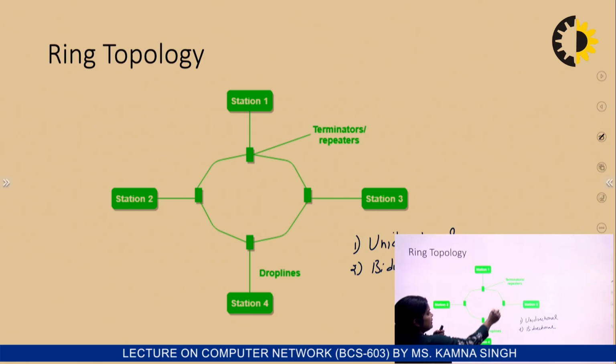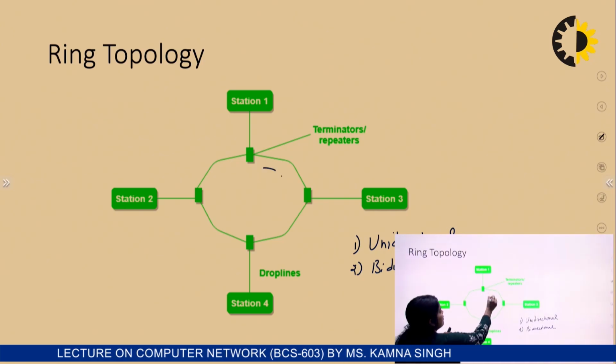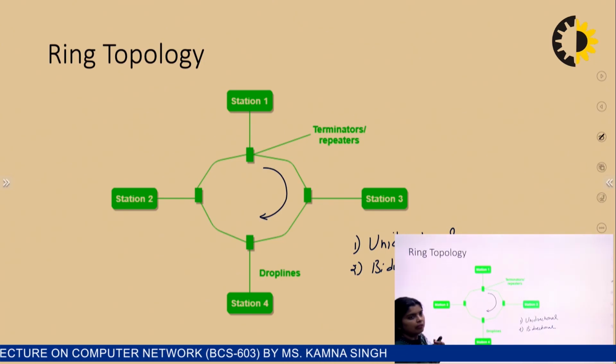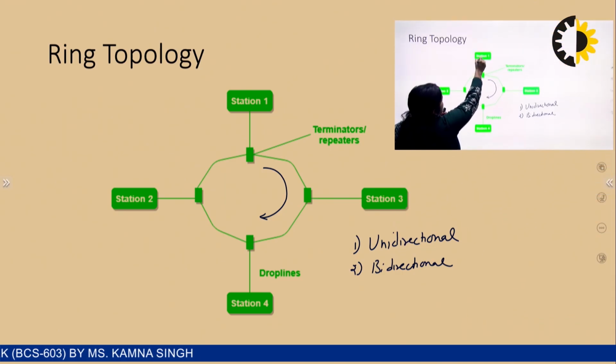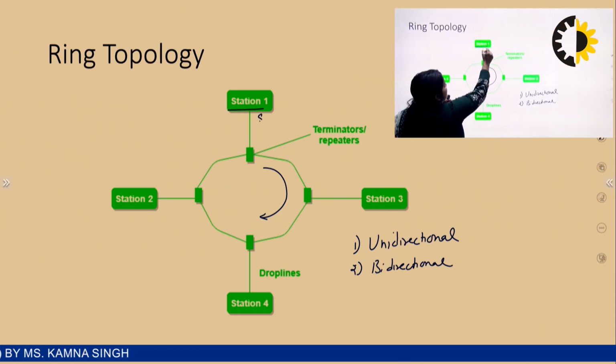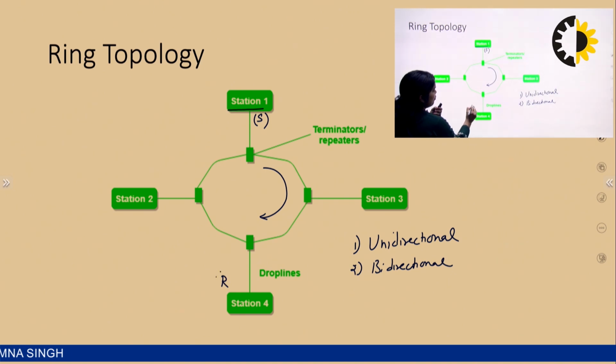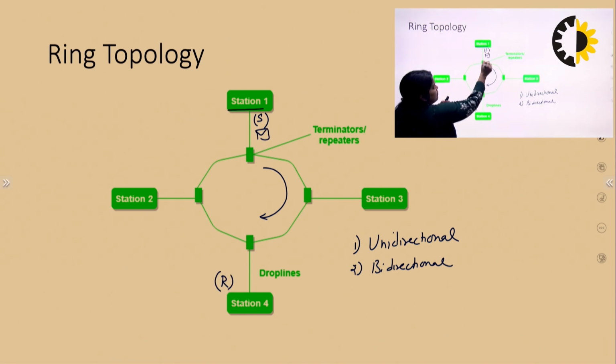First, suppose this ring topology is unidirectional. If it is unidirectional, the packets move in only one direction. If station 1 is my sender and station 4 is my receiver, station 1 generates a packet. This packet moves here.